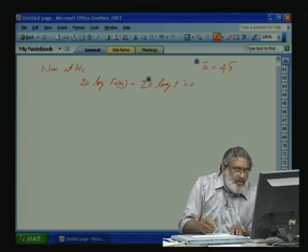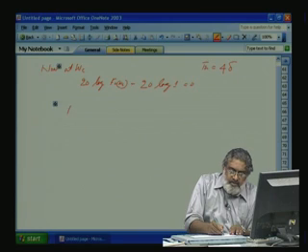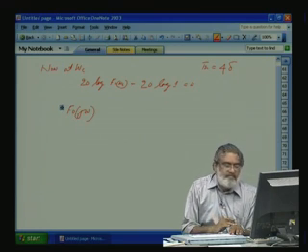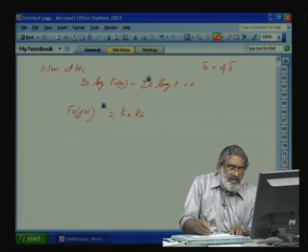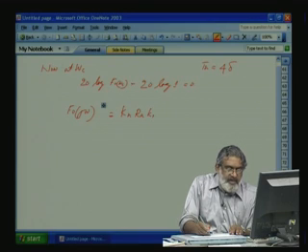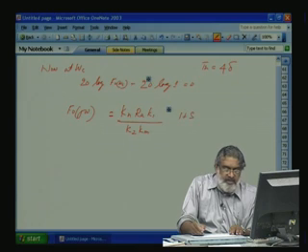Now, from this the K4 and the controller gain can be found out. Let us see F0 of j omega is equal to Kn Ra K1 by K2 Km into (1 plus S Tn).